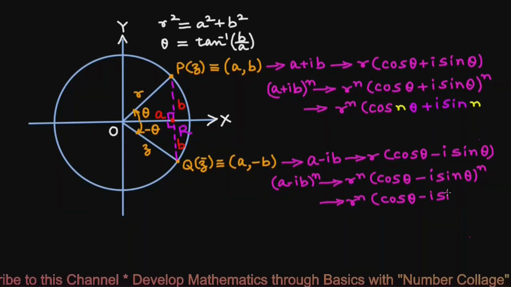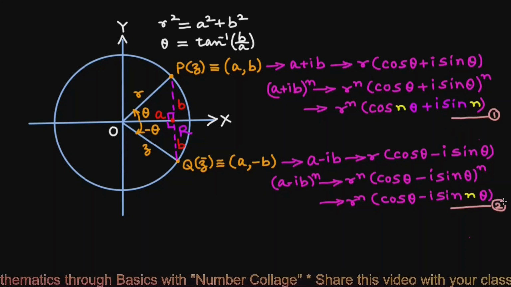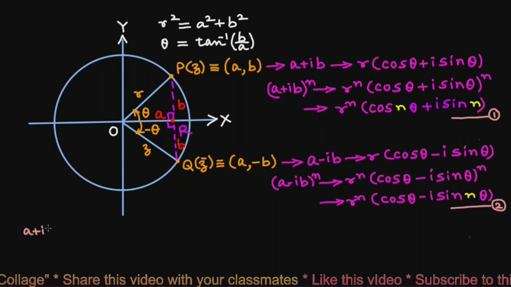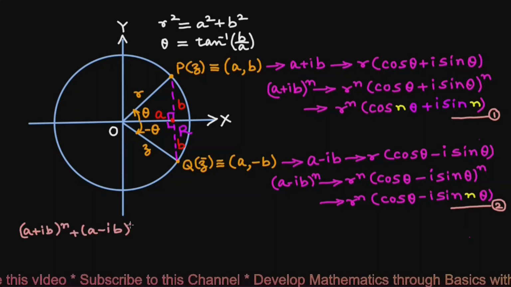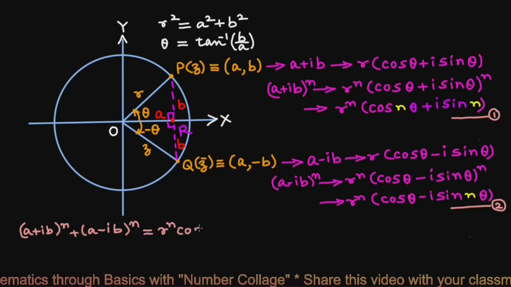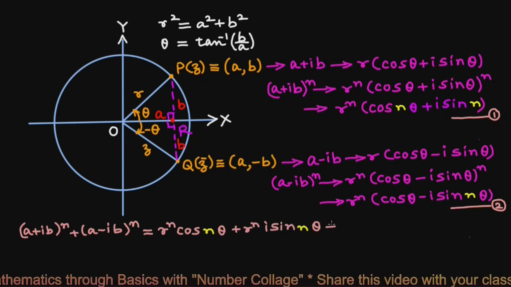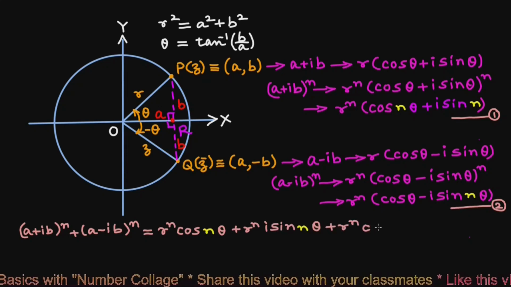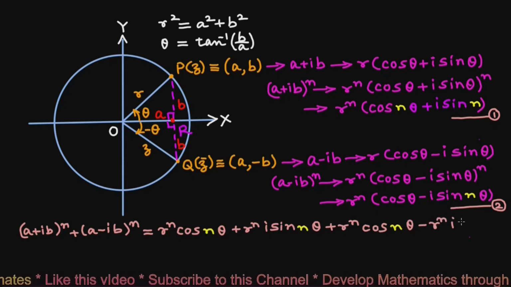Now we will add statement 1 and statement 2 to get (a plus ib) raised to n plus (a minus ib) raised to n equals r raised to n cos n theta plus r raised to n i sin n theta plus r raised to n cos n theta minus r raised to n i sin n theta.